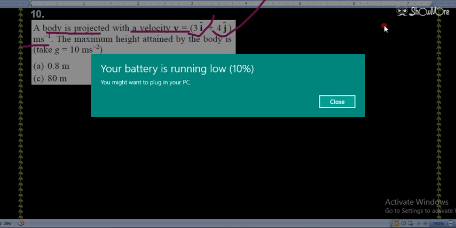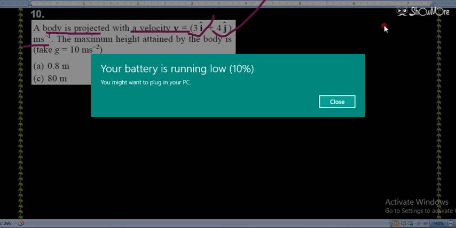Okay students, wait for 1 minute. I have to plug in my system. Last question we were discussing in this video, and the system needs the power supply.